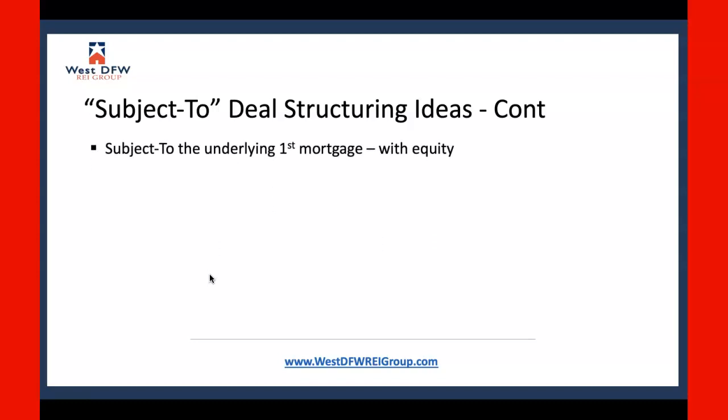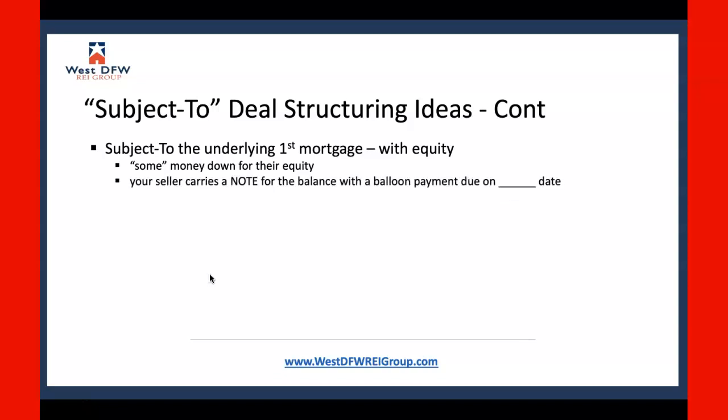Here's an underlying first with equity. So the seller's going to get some money down, something of their equity. I didn't say all. All is another scenario, but in this case, some money down. Your seller carries a note for the balance with a balloon payment due on such and such date.